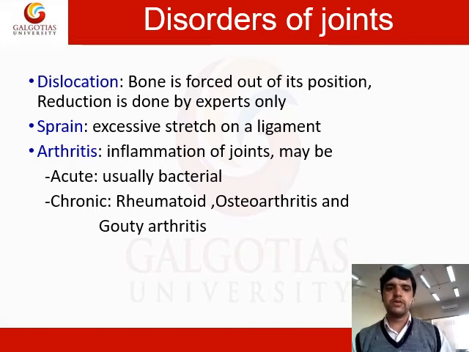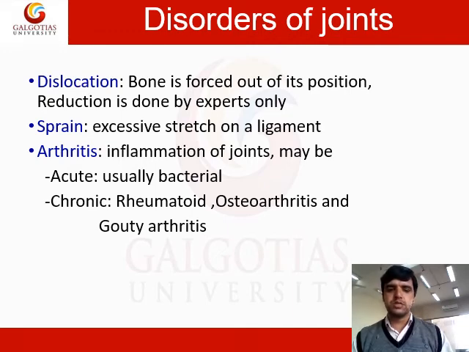When dislocation takes place, the reduction is done by experts only. We should meet doctors who know about joints, so that they can place the bones back in articulation with each other so that the joint can function properly.